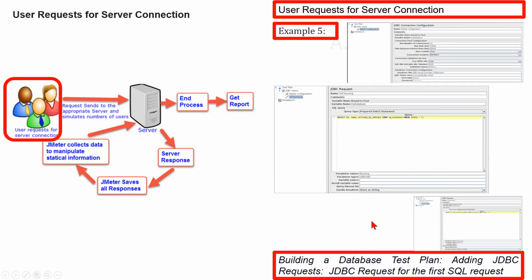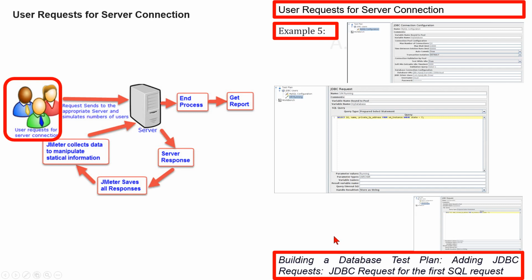Now we are considering adding JDBC requests in building a database test plan. Here you can see the JDBC request for the first SQL request. After defining the users, it's time to define the task that they will be performing.